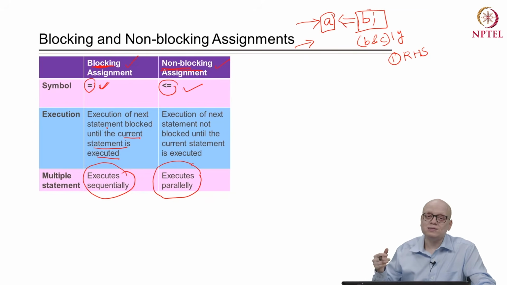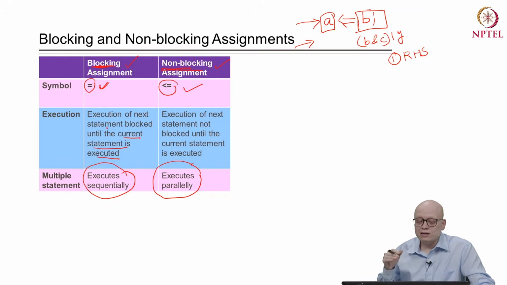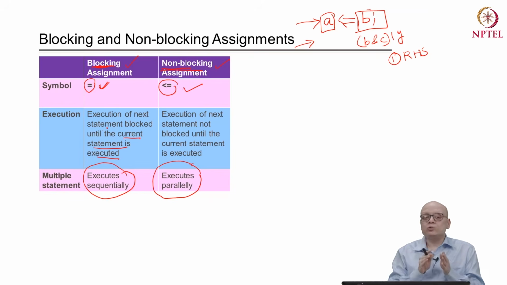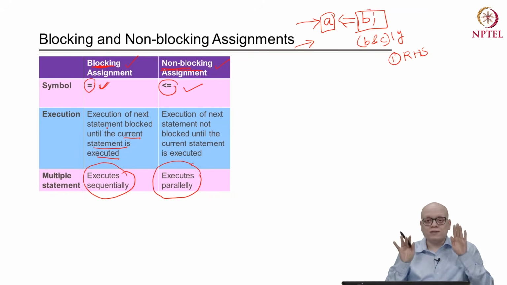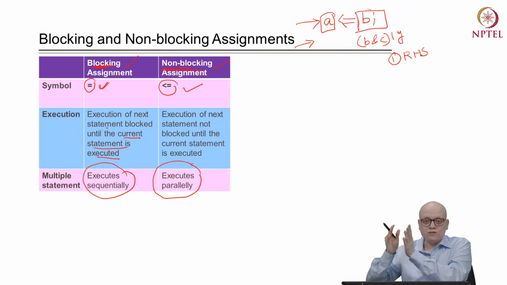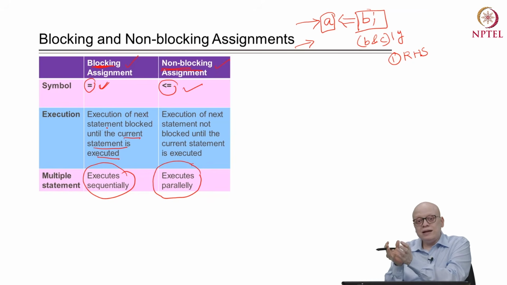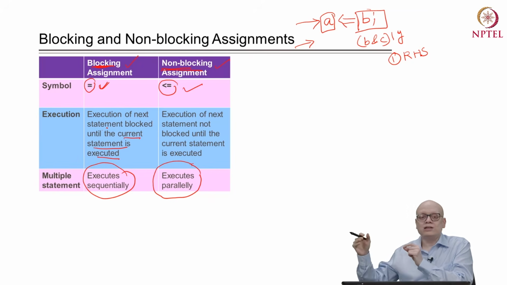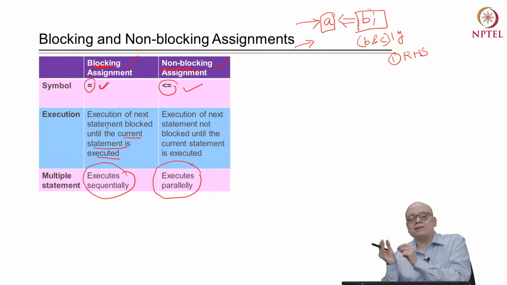We will be understanding this more precisely in the next video. But the important thing is that whenever there is a non-blocking assignment, the execution happens in two steps. In the first step, only the RHS part of the expression is evaluated and its current value is kept somewhere, with the intention that at the end of the simulation time I will assign the current value of RHS to the LHS.